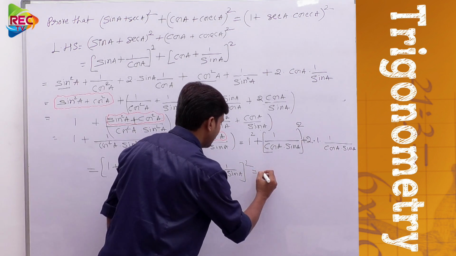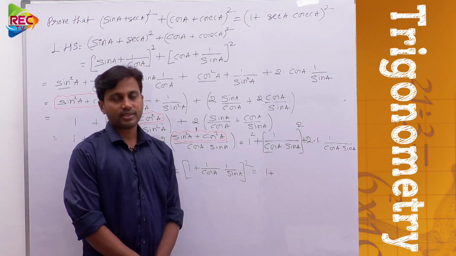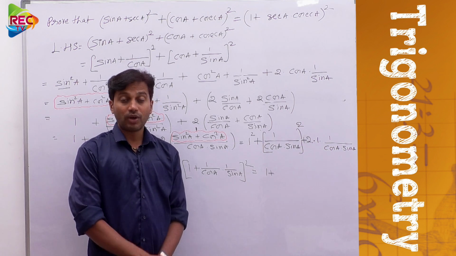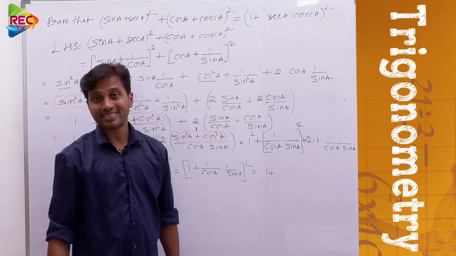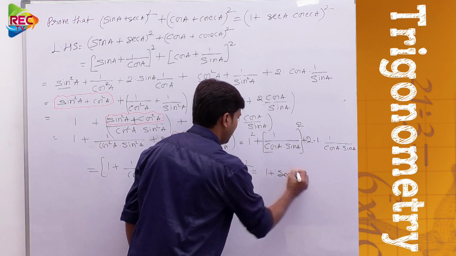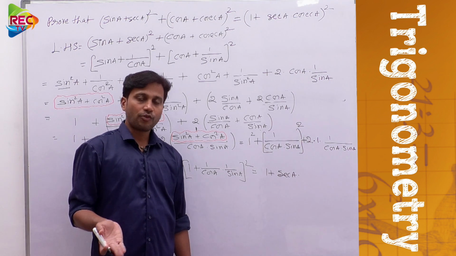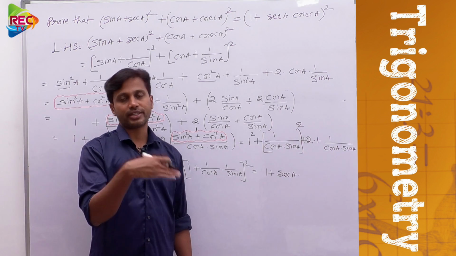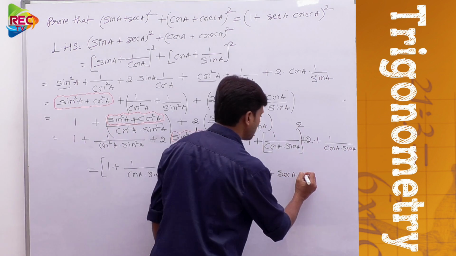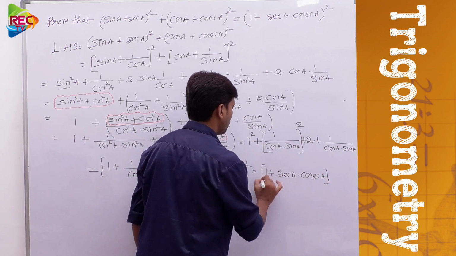Now 1 by cos A, cos is the reciprocal of secant, so 1 by cos A can be represented as secant A. And 1 by sin A, sin is the reciprocal of cosecant, so 1 by sin A can be represented as cosecant A, to that whole square.